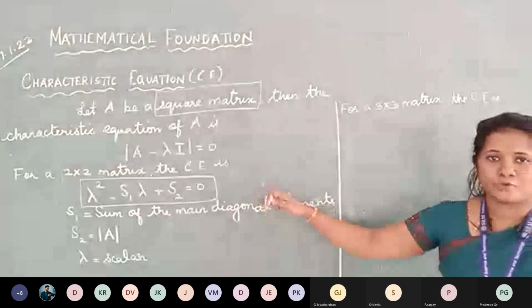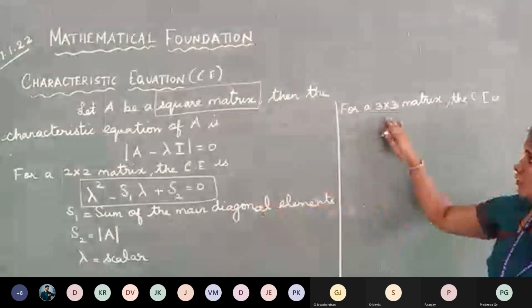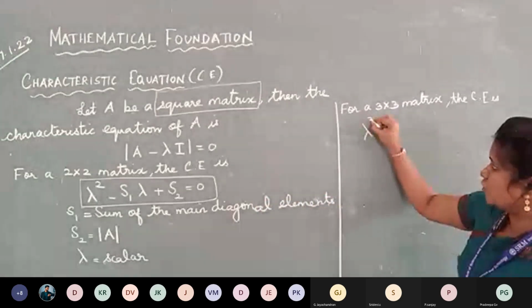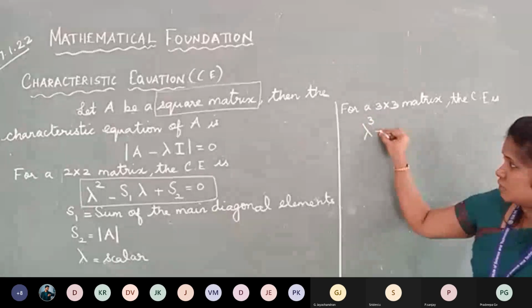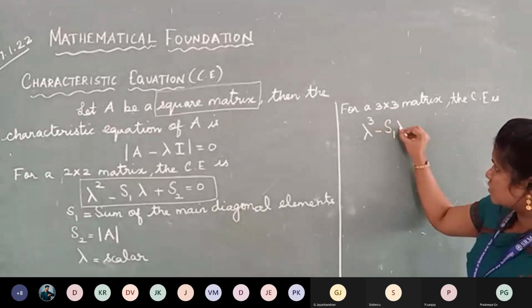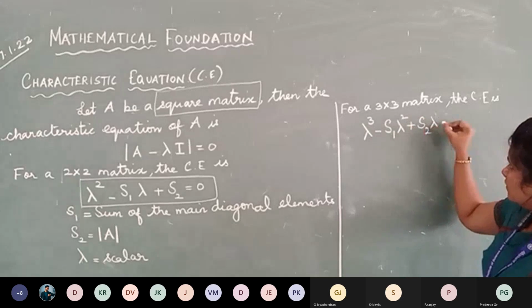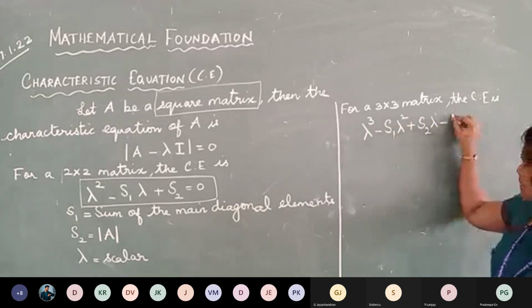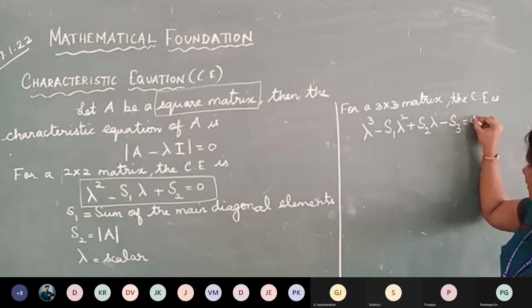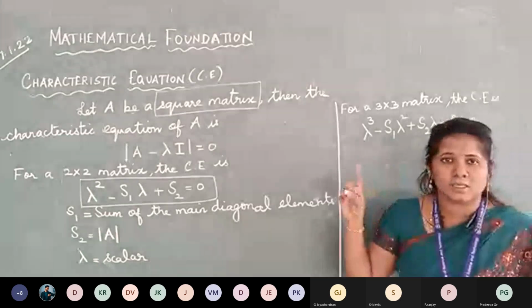Here it is lambda square for a 2 cross 2. For a 3 cross 3, it will be lambda cube minus S1 lambda square plus S2 lambda minus S3. Formula memorizing is very easy actually.